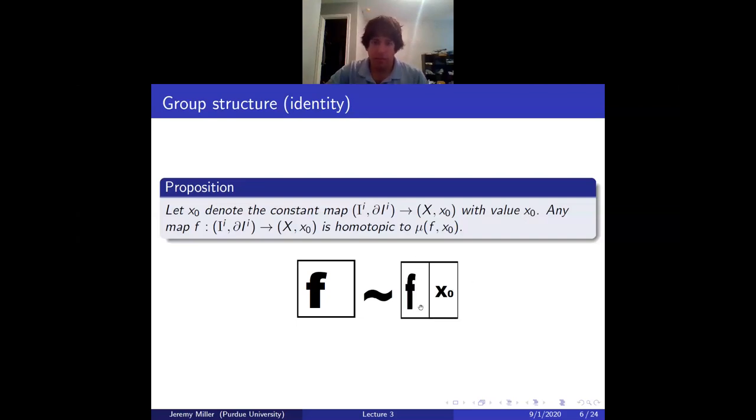You get f at double speed on half of the cube, and then on the other half of the cube you get the base point. But that's homotopic to just f, because you can sort of shove this line to the right. Any questions? This is completely analogous to the fundamental group case.